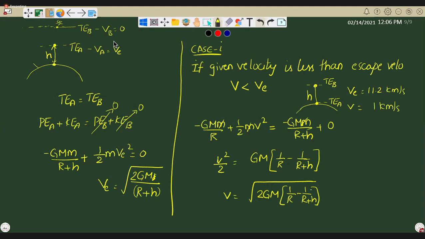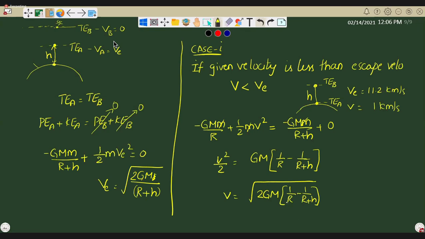Now he will ask, I am projecting a body with 1 kilometer per second. Then tell me at what height the body will reach. He will say, I have projected my body with 1 kilometer per second. Tell me at what height it will reach.